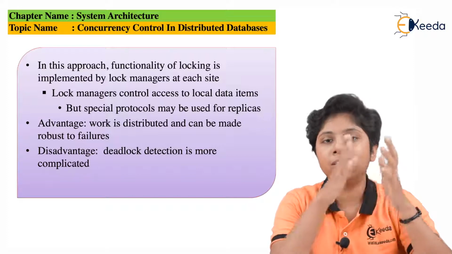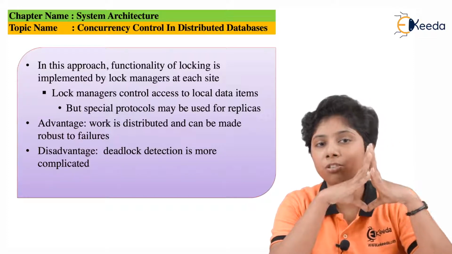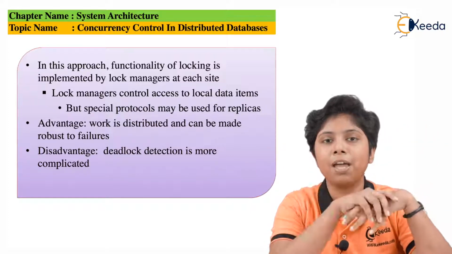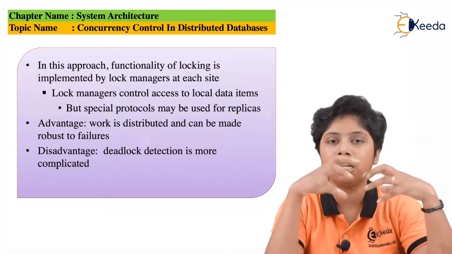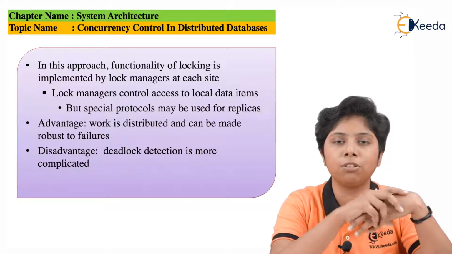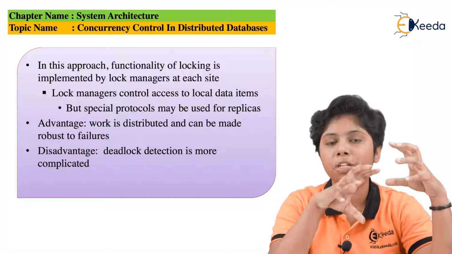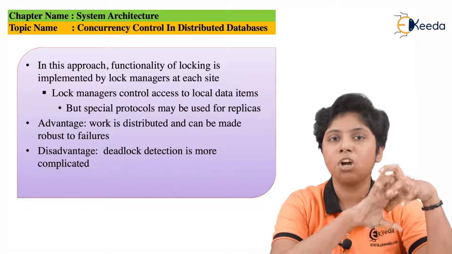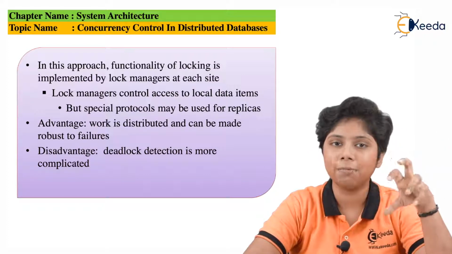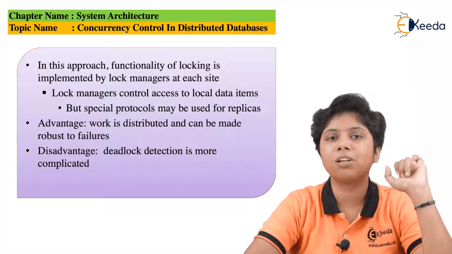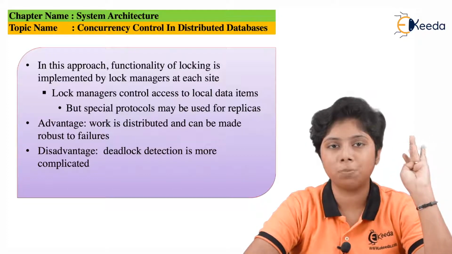So this is the main advantage of a distributed system: it can use each of these sites as a lock manager for itself. But the disadvantage is that for a write operation, all the replicas need to be locked at the same time, otherwise the write cannot be performed, because otherwise there will be a cache coherency problem.